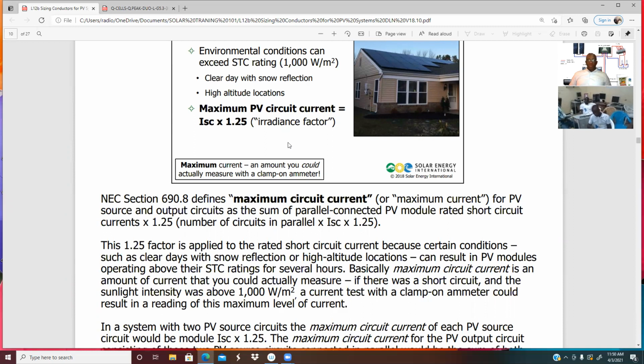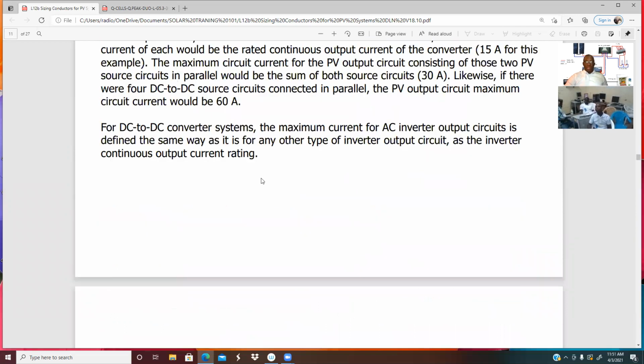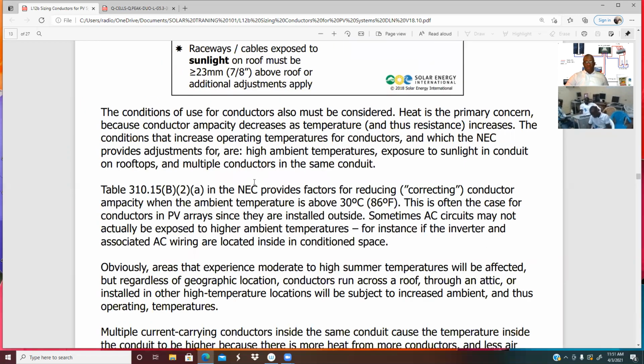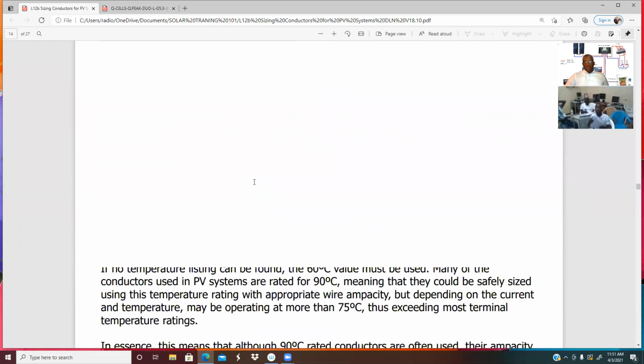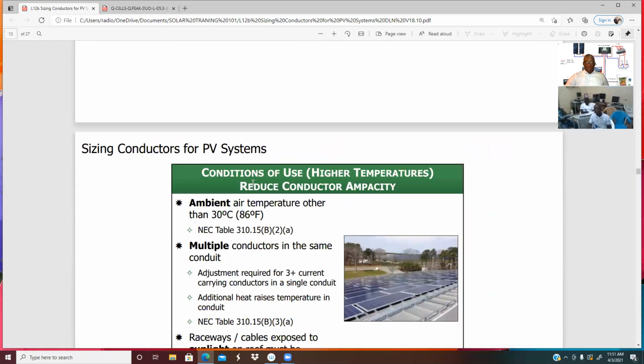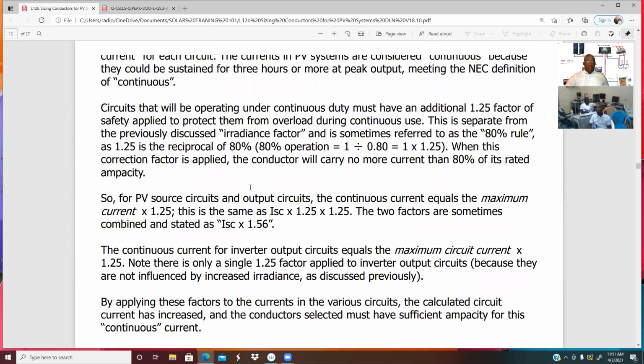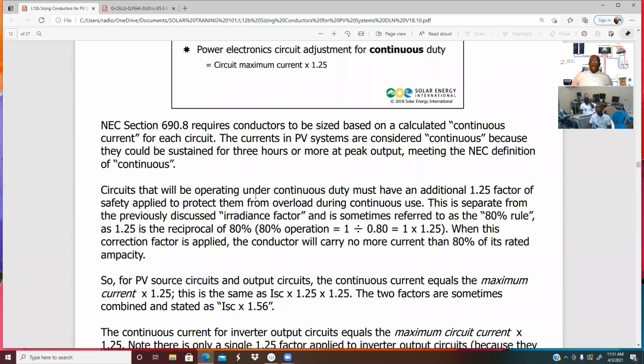That's for the PV source output circuit, and we did that calculation yesterday. But what we're talking about here on page number 12 is completely different from what we discussed yesterday. Circuits that will operate under continuous duty must have an additional 1.25 factor.